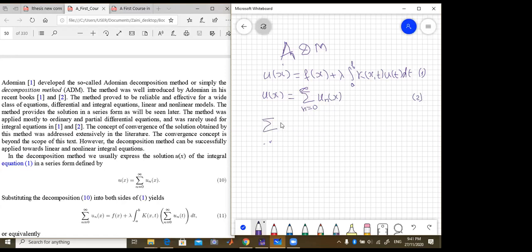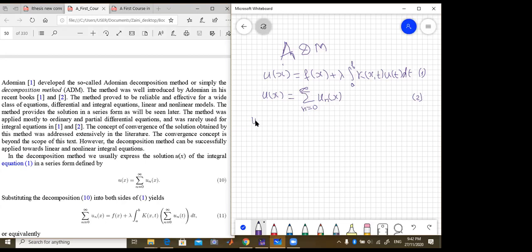On the left side we have the sum of u_n of x, n from 0. Actually, it is better to write this immediately by expanding, because in order to find the recurrent relations it is better to substitute and at the same time open up.